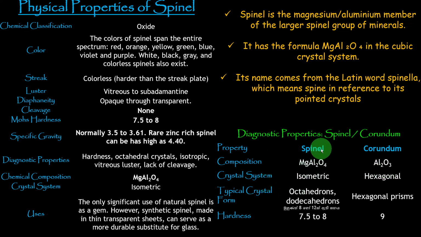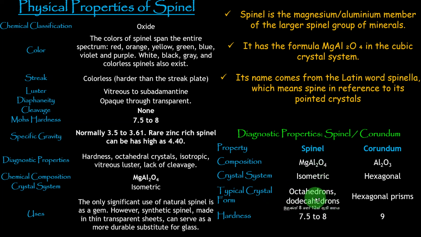The crystal system in spinel is isometric. In corundum, it is hexagonal, 6 sides. The typical crystal form in spinel, remember this, it is very easy to remember, is octahedrons, that means 8 sides. Another one is dodecahedrons, which means 12 sides.